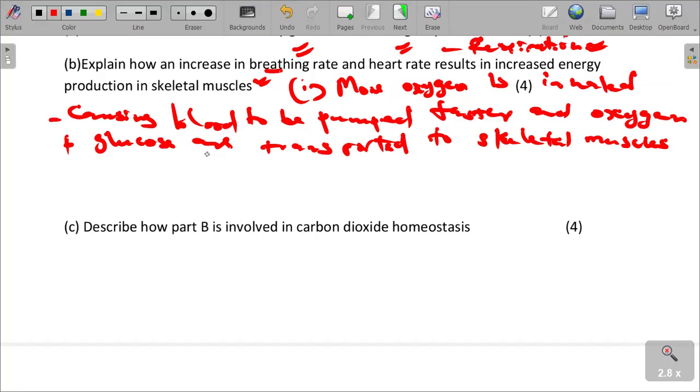So oxygen and glucose are transported to skeletal muscles, therefore resulting in an increase of respiration.